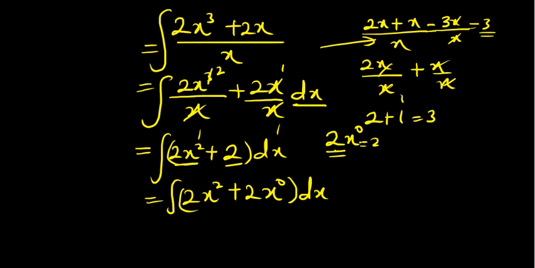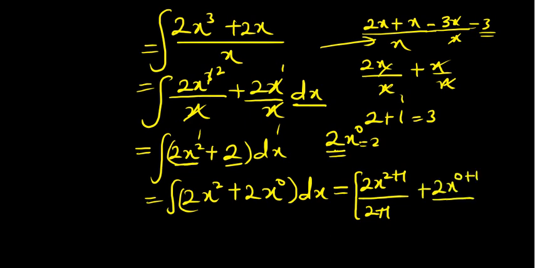So now let's integrate it. When we integrate it, we are going to have 2x squared plus 1 over 2 plus 1. I hope you understand. Plus 2x raised to power 0 plus 1 over 0 plus 1, then put k.